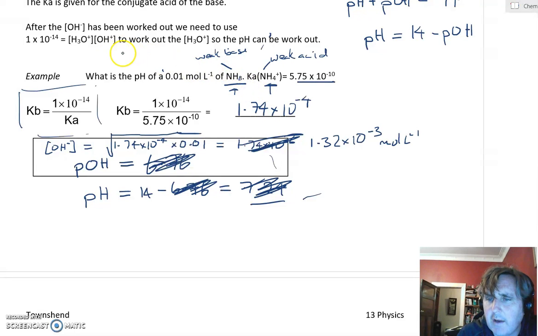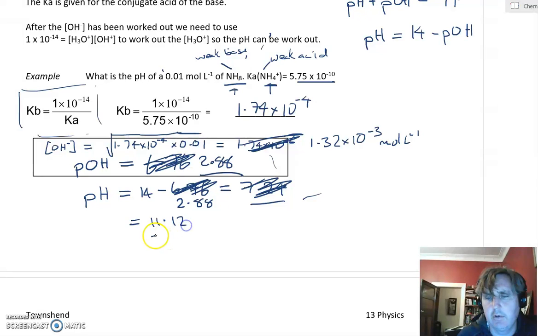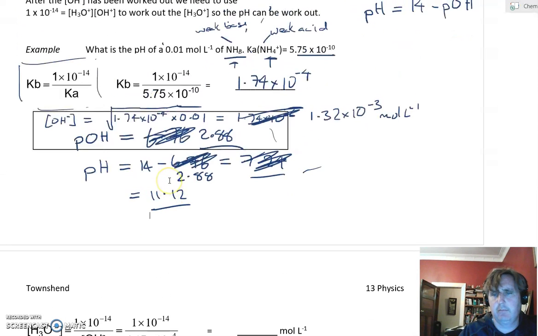So my pOH here is 2.88. And therefore my pH is 14 minus 2.88. And that gives me 11.12. And hopefully that's the same as the answer I had down there, 11.12.